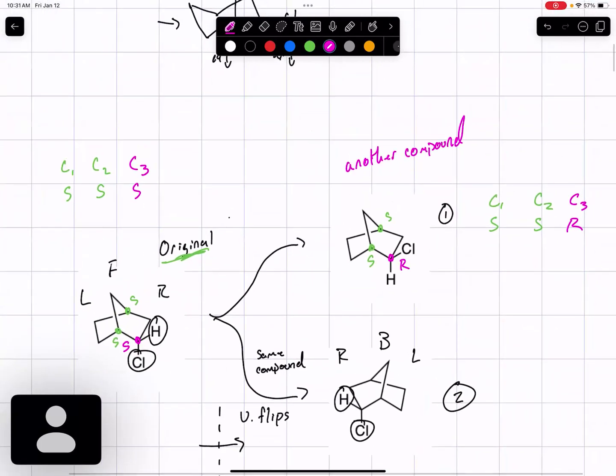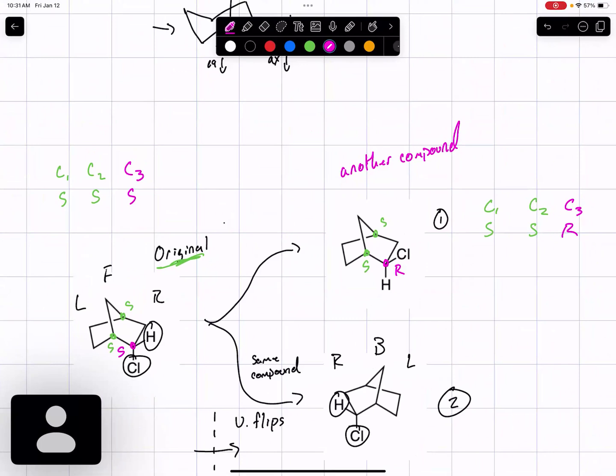They're not complete opposites of each other, not like your hands. They just have one chiral center that differs in configuration. What do we call that?